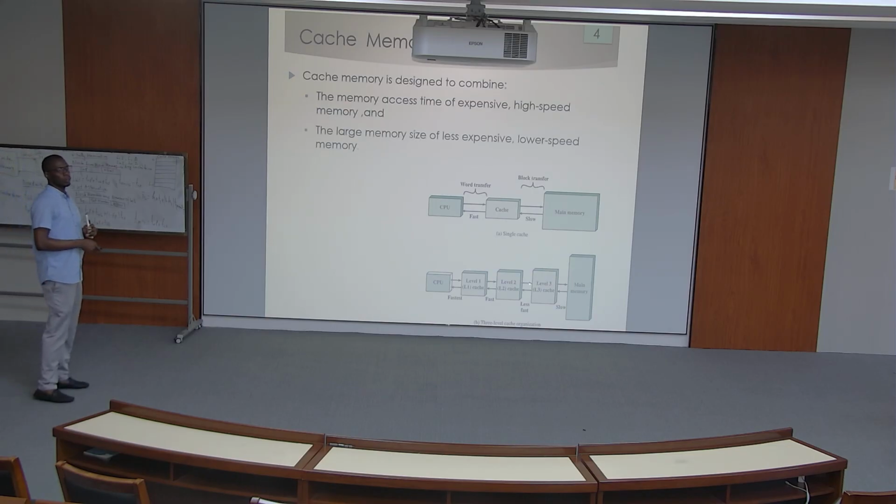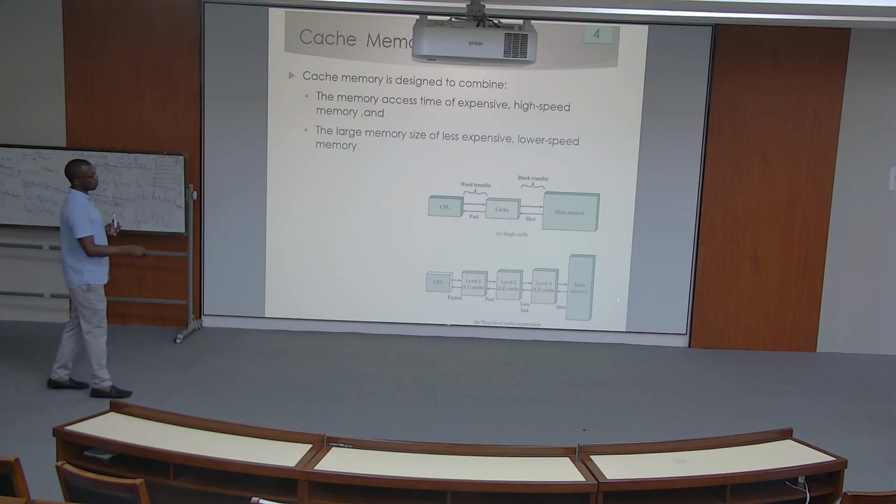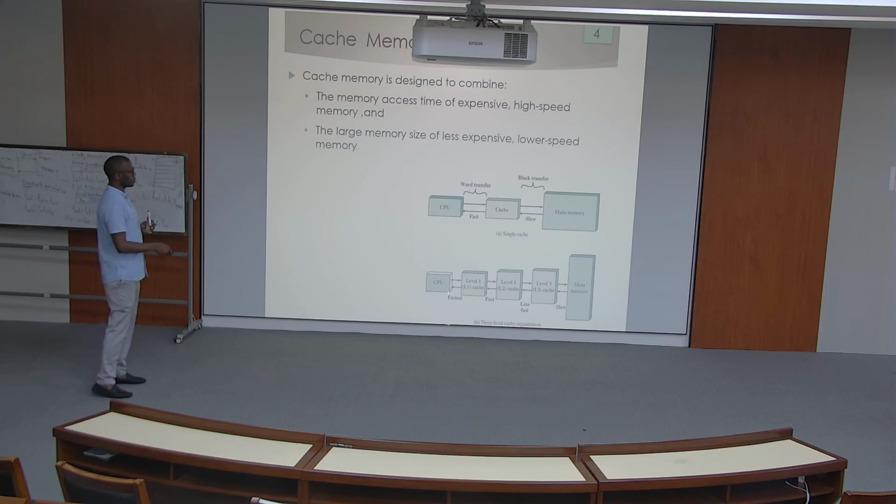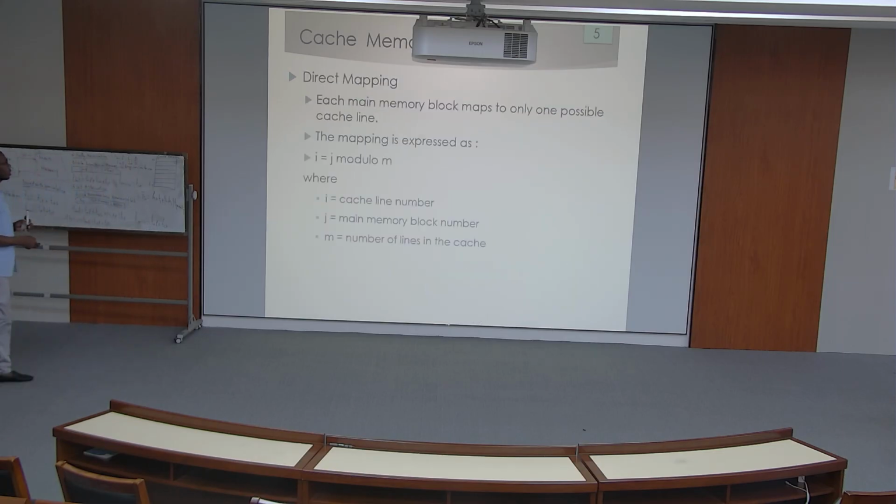And level 3 is bigger than level 2 memory and is slower if you compare it with level 2 memory. Then we have the main memory here. Registers, different levels of cache memory, and the main memory are all internal memory.